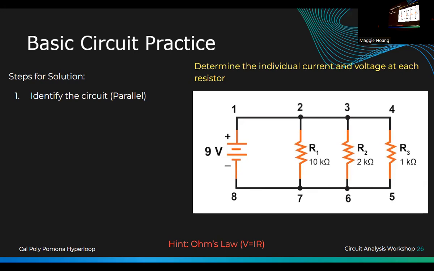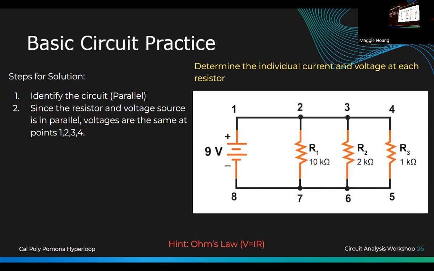You're trying to find I, so I equals V over R. Since you're given these two, you can just find IR1 using 9 volts over 10K, and then the other two too, right? So here are the answers.